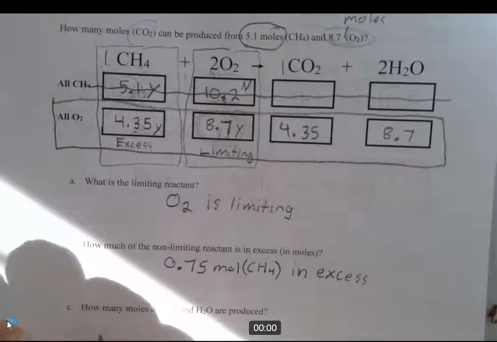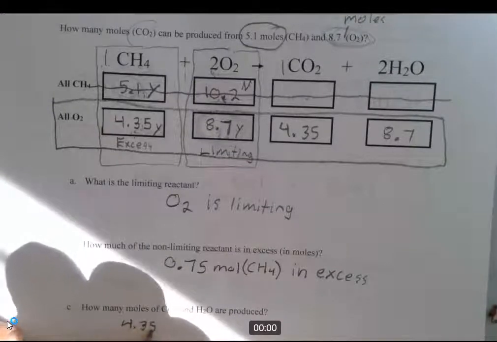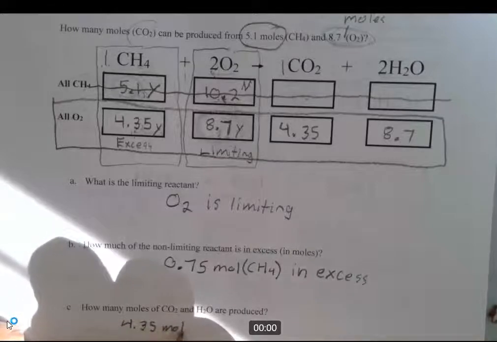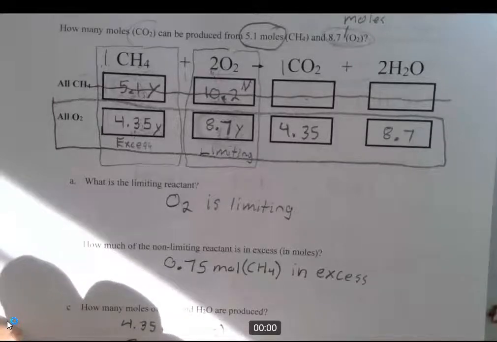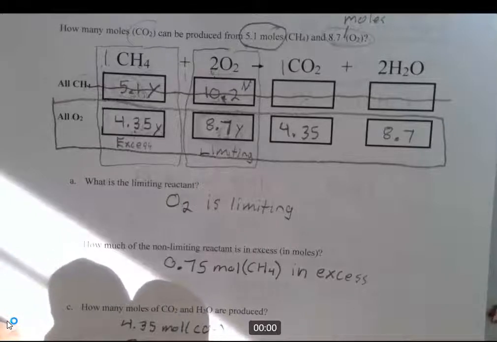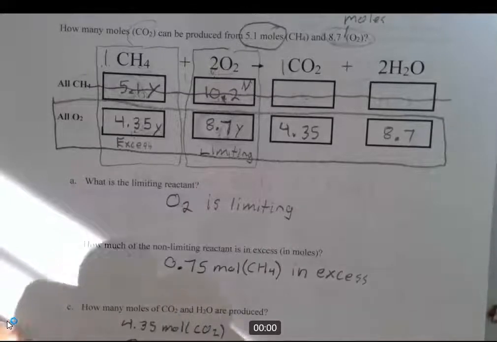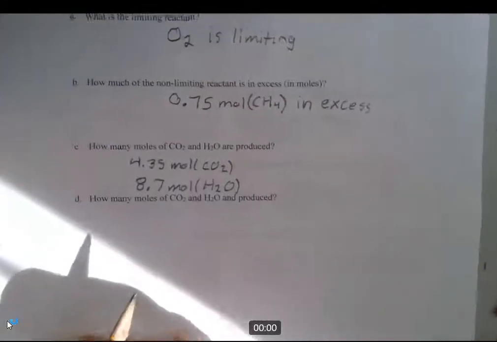So you're going to be able to produce 4.35 CO2 and 8.7 H2O. Okay, there that is, and I'm off the screen. I'm sorry.